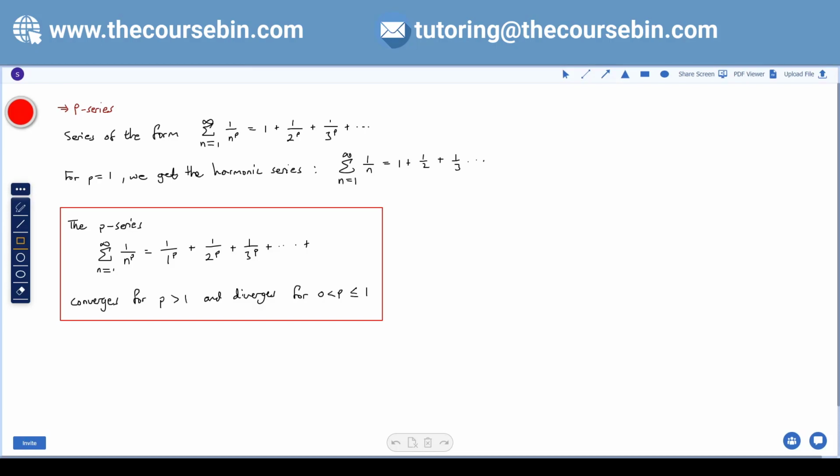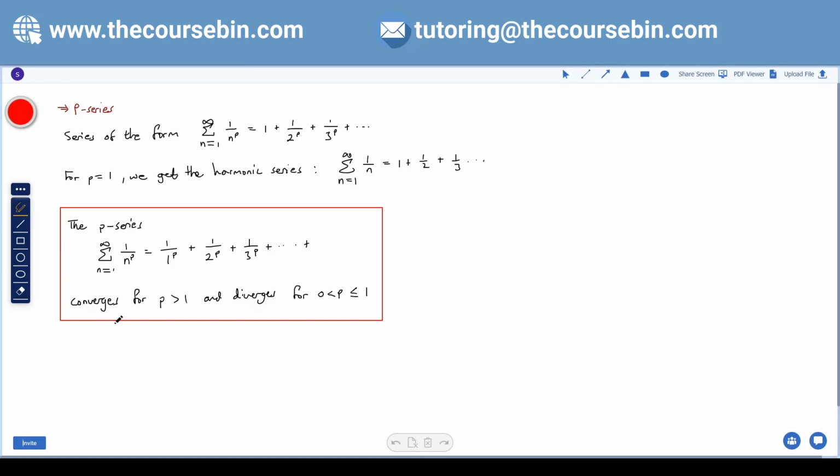If it equals 1, then it diverges, because we get the harmonic series, which diverges. Even if p was 1/2, your series would diverge.